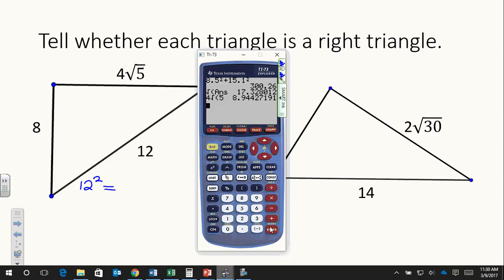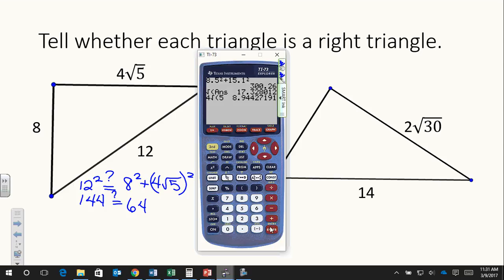And we're checking to see, is it equal to 8 squared plus 4 square roots of 5 squared? Okay, so Austin, what's 8 squared? And what's 12 squared? So we want to check, is 144 equal to 64 plus, now here's the tougher one.